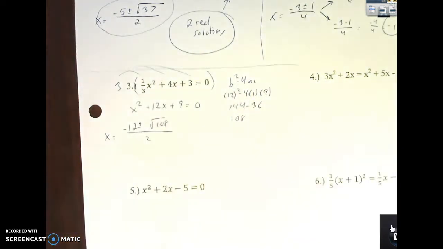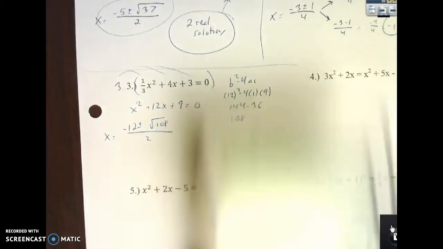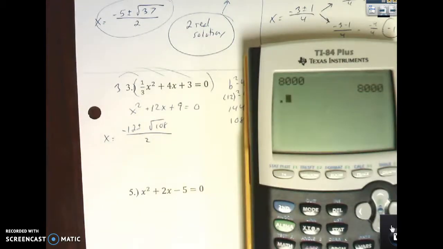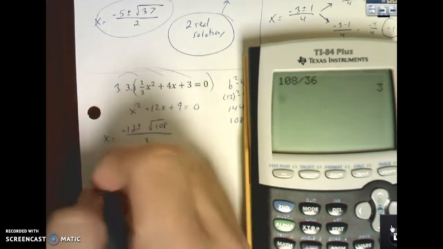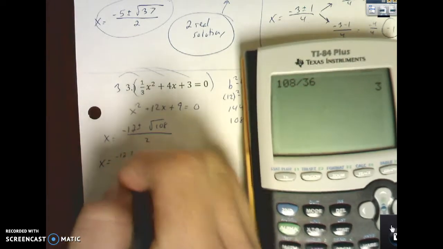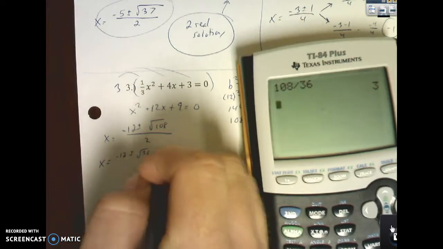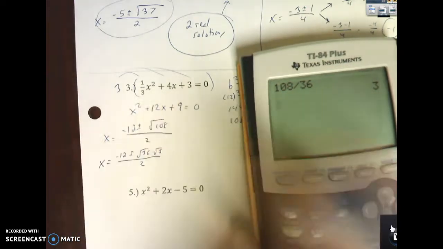We can see here, I think 36 goes into 108. Yep, 36. So we get x equals negative 12 plus or minus root 36 times root 3, over 2.